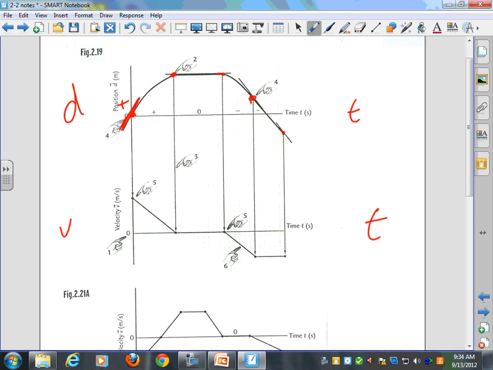Here, slope is approaching 0, right? Although it does get flat awfully quick, doesn't it? Right? Here, the slope is 0 for the entire trip. Here, the slope is negative. And basically stays negative the whole way, right?